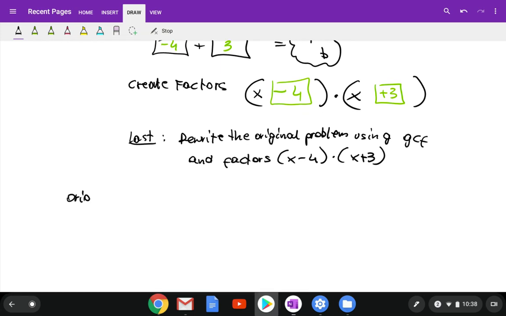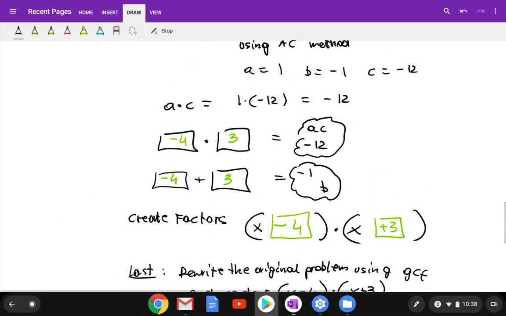Okay, so let's go back. The original equation was -x squared plus x plus 12. So first what we did, we factored out -1, that was the GCF.